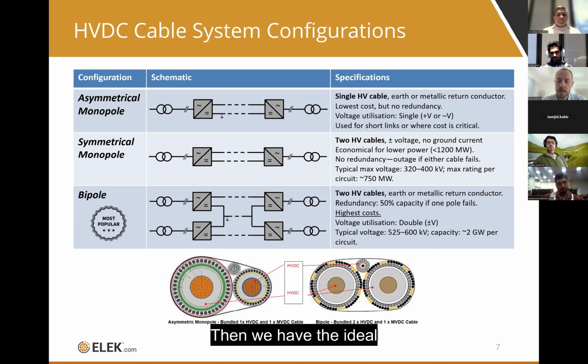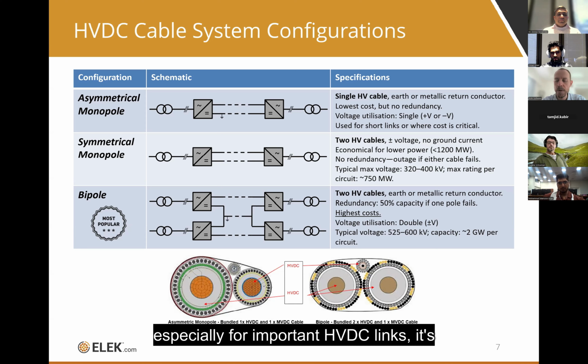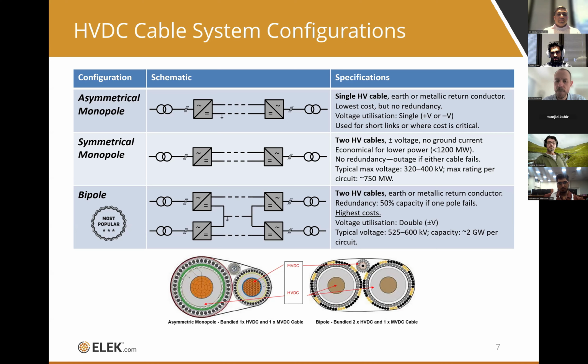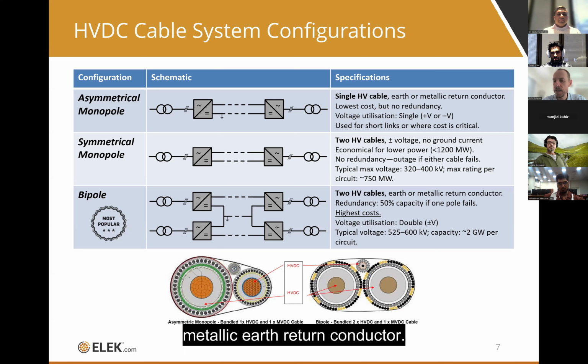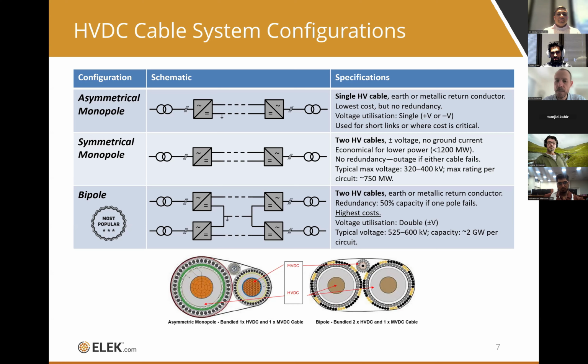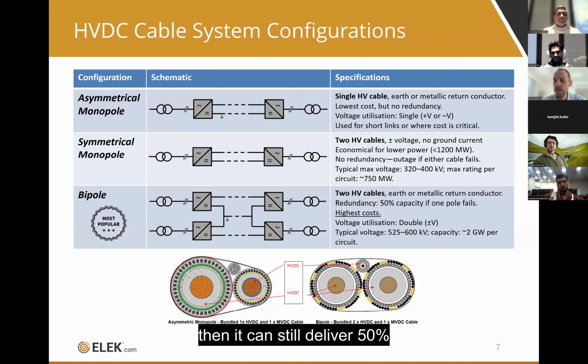Then we have the ideal or bipole system, which these days, especially for important HVDC links, it's the most popular. Consists of two HV cables and a metallic earth return conductor. It has redundancy. So if one pole fails, then it can still deliver 50% of its capacity.